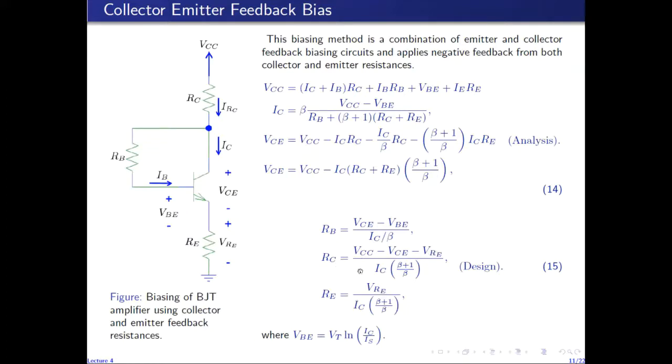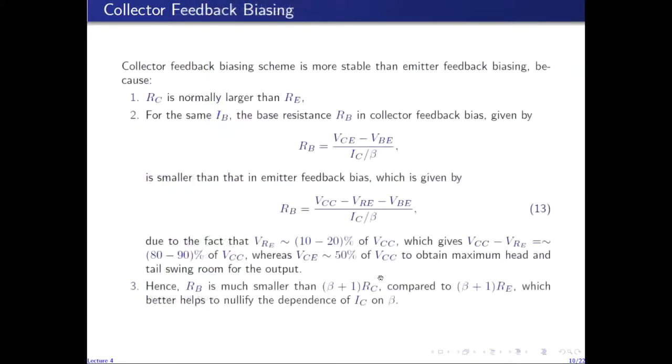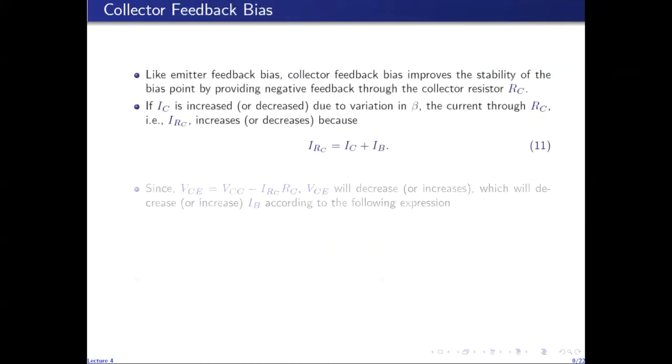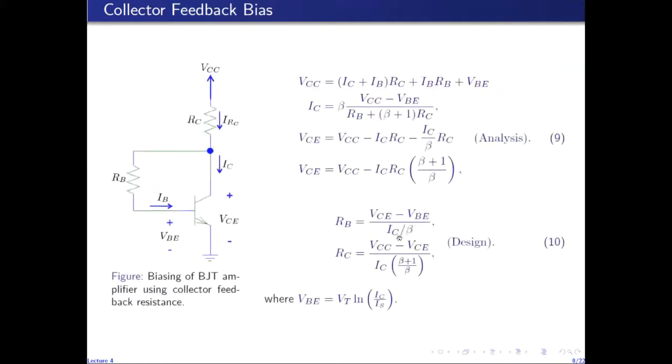So RC plus RE is actually given by VCC minus VCE over this current, which is actually the same expression we use to find RC of the collector feedback bias, VCC minus VCE over this current.